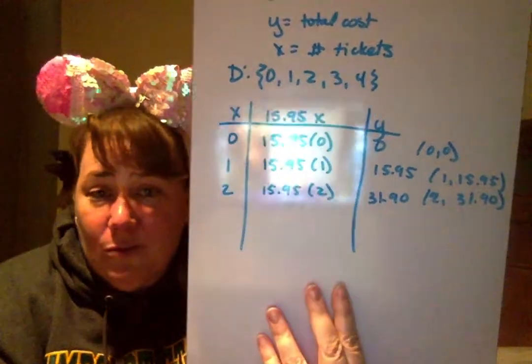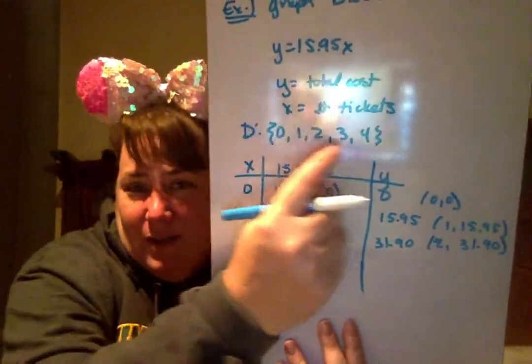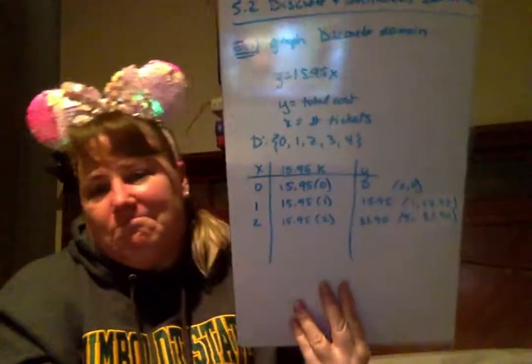Now I'm just plugging through this. It's kind of like you have 5 mini problems. Oh well, at least you know how to do this part. 15.95 times 3. Okay, I'm going to do this on my calculator because I don't want to mess up. So 15.95 times 3. Oops, times 3. So 47.85.